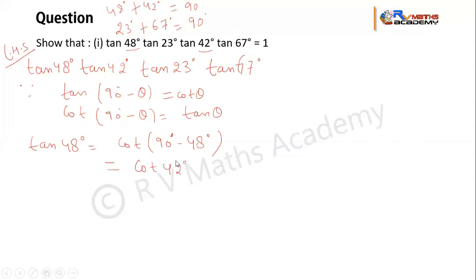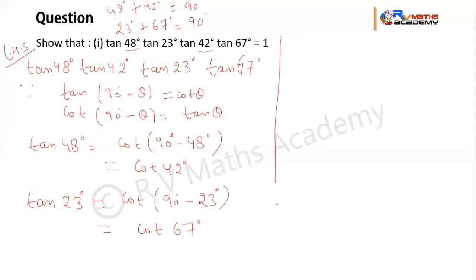Now, similarly, from these two angles, tan 23 and tan 67, I will change any one. So here I am changing tan 23 degree. So tan 23 degree can be written as cot 90 degree minus 23 degree. So I can write cot 67 degree. Now, what we have to do, we have to put the value of all these in the given expression.